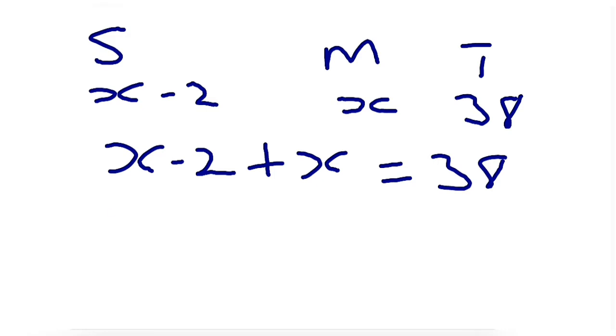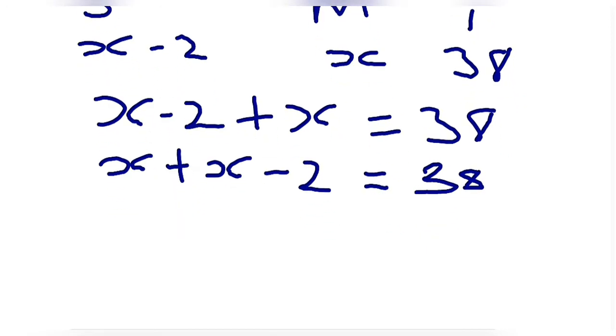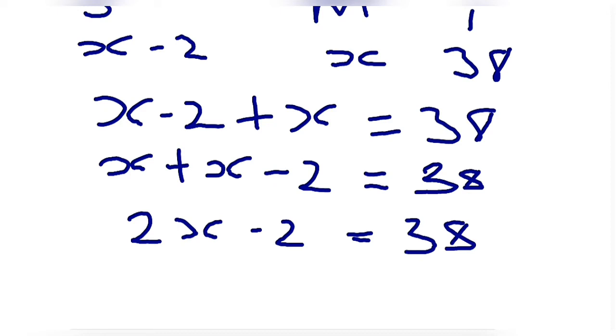And we shall collect like terms here so that we have X plus X minus 2 equals 38. This will now give us 2X minus 2 equals 38.